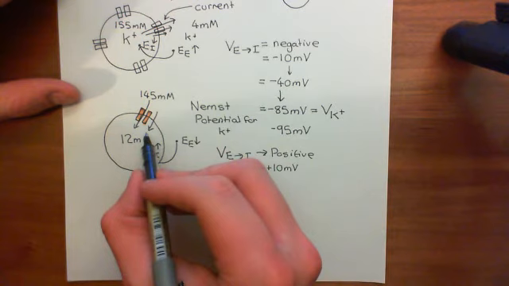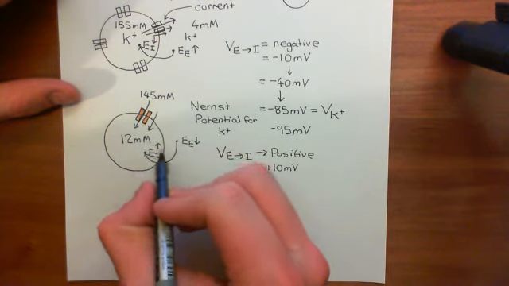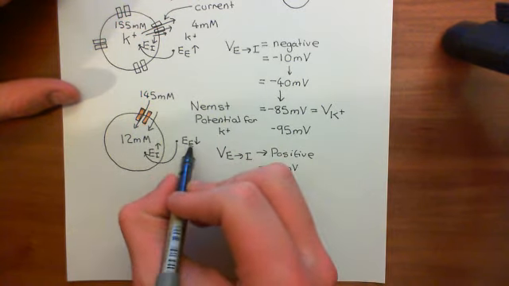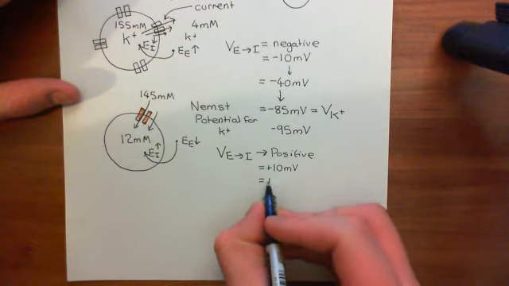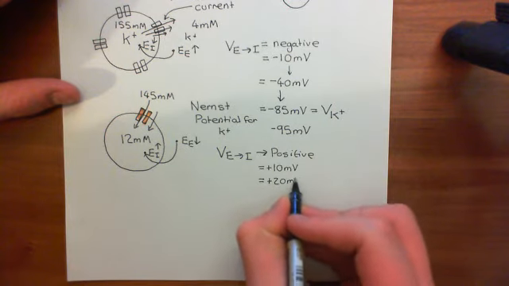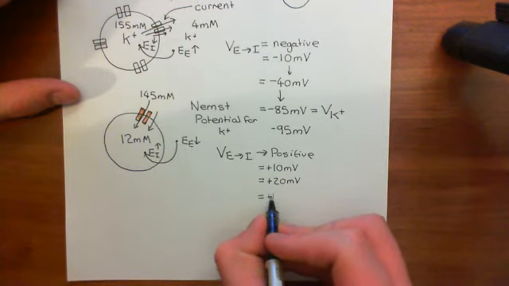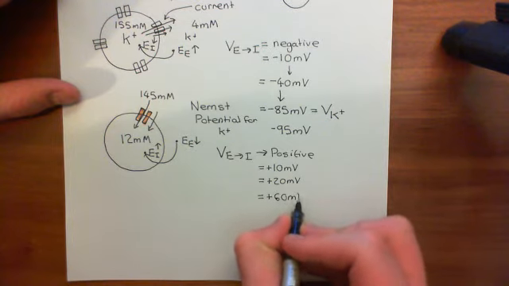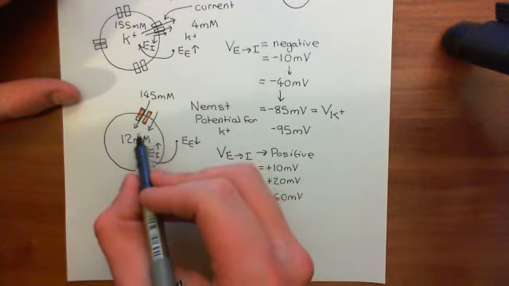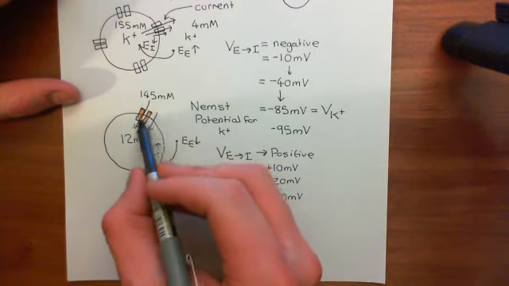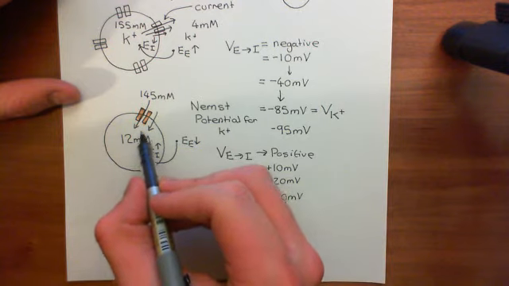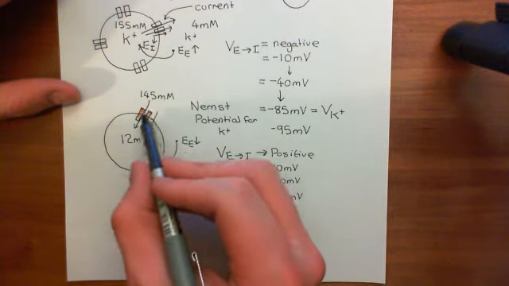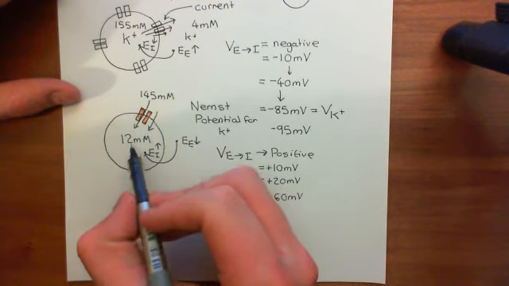Then because you've still got a net current in, you're going to raise the electrical potential intracellularly and decrease the electrical potential extracellularly even more, which means that this number will become even more positive. So it will gradually build up and up and up until it gets to plus 60 millivolts, which is the electrical potential difference that you need across the cell membrane to completely stop any sort of net movement of sodium into the cell with these concentrations extracellularly and intracellularly.